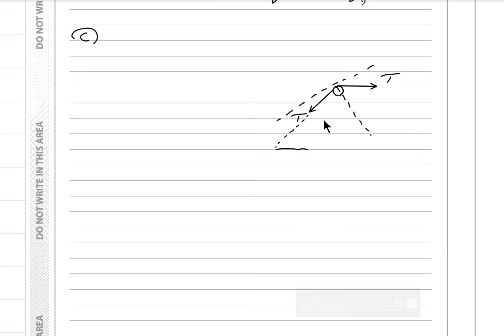This angle is alpha, as you know, and since we have forces of equal magnitude, the resultant should bisect this angle. We have here (180 minus alpha) divided by 2, and the same here also.